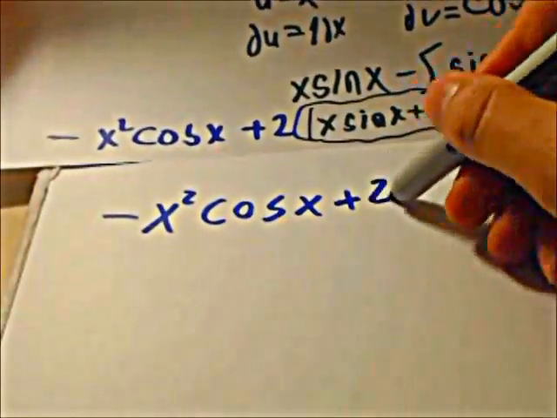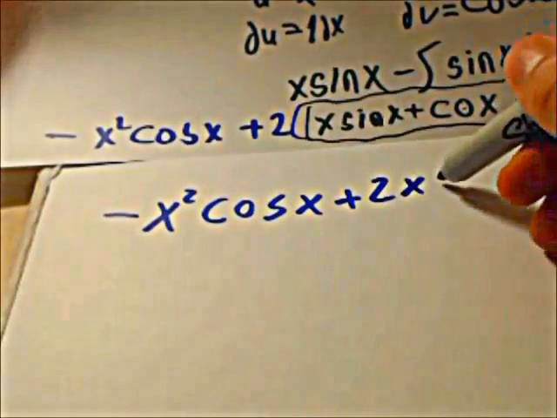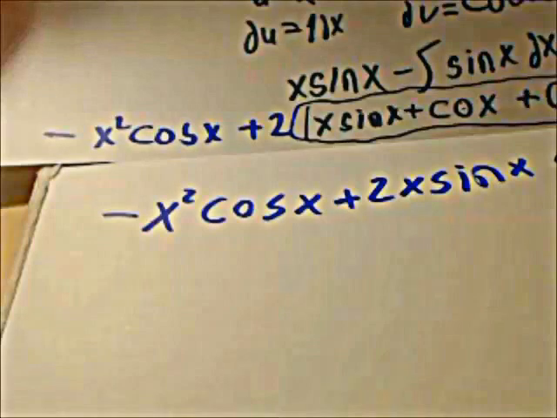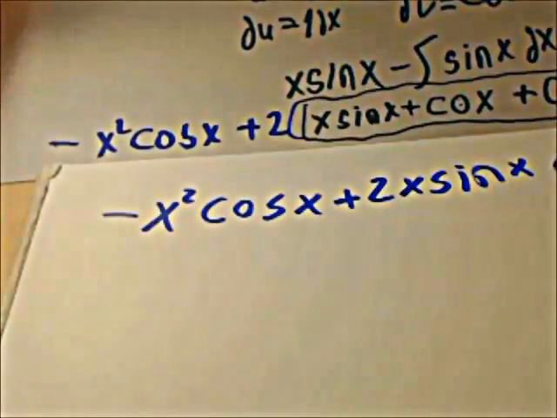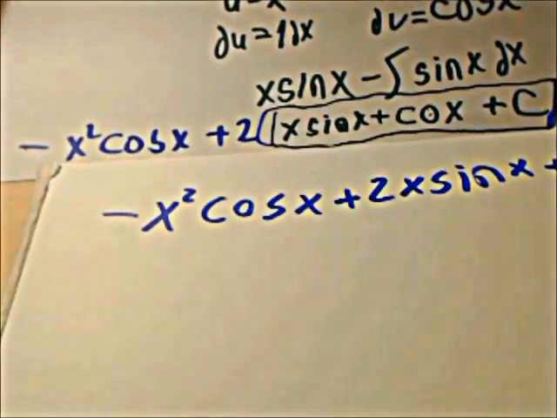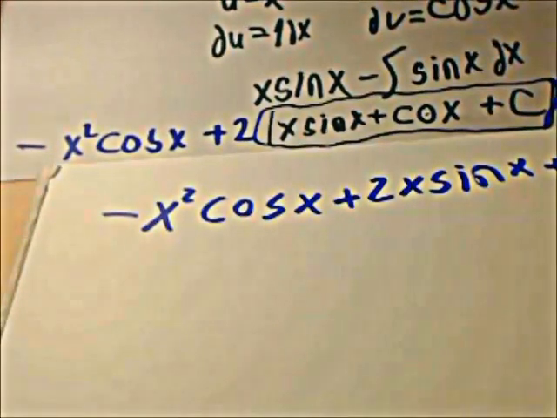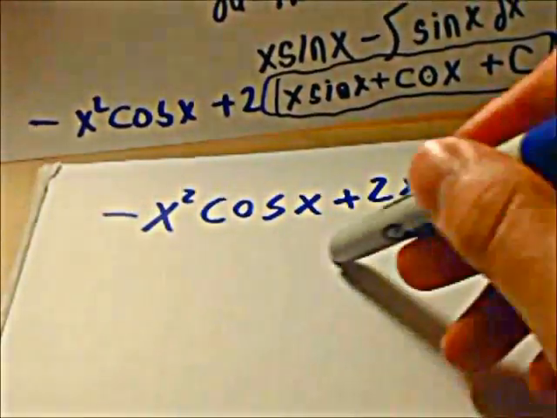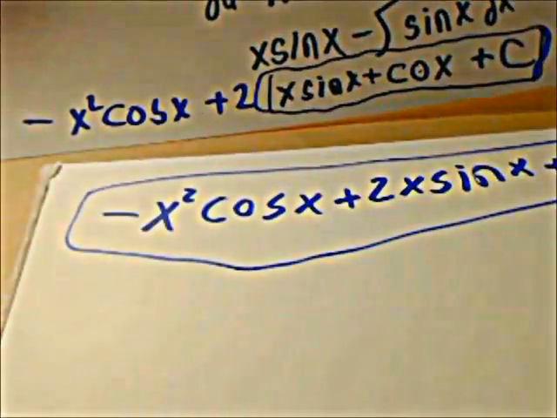So it's going to be 2 times x sine x, which is 2x sine x, then 2 times cosine x is going to be plus 2 cosine x, and don't forget the plus c. So yeah, that's our final answer. That's our final integral of this.